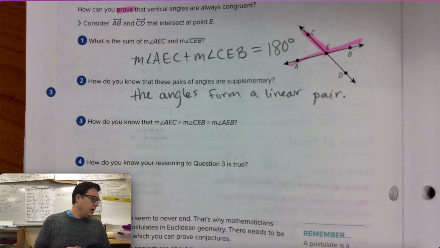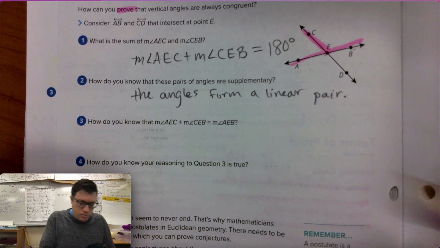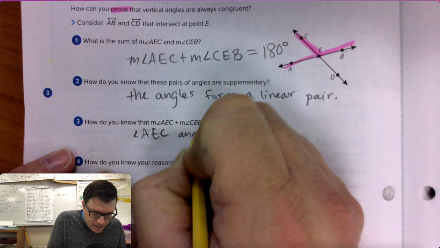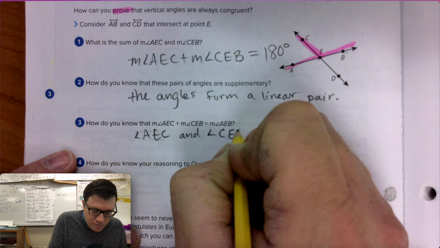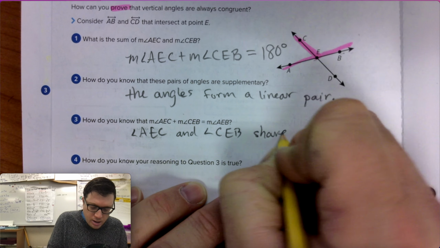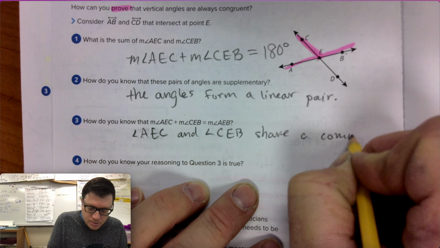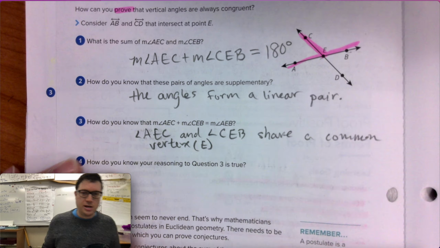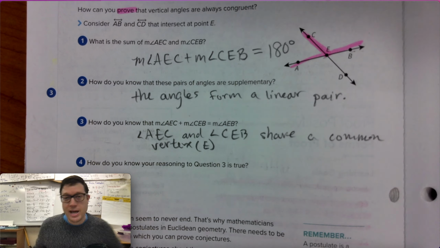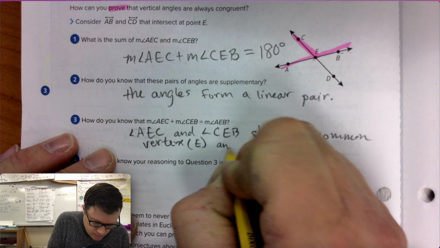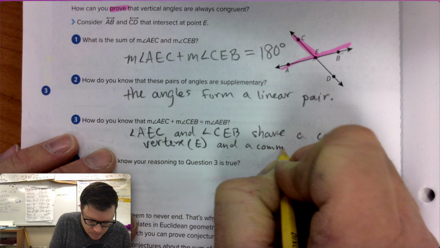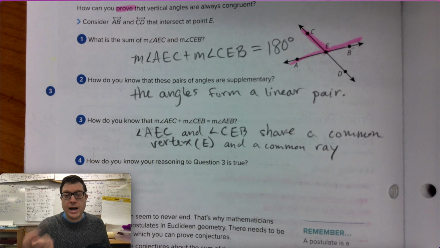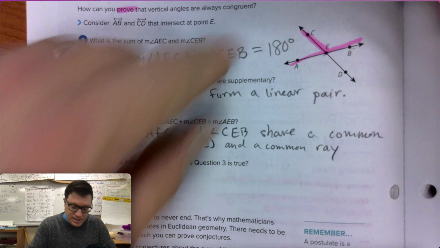Well, angle AEC and angle CEB share a common vertex, and that vertex is E. They also share a ray in common, and the ray that they share in common actually is ray EC.